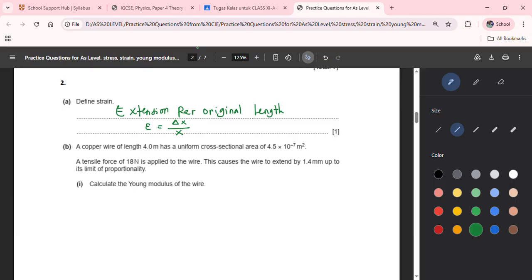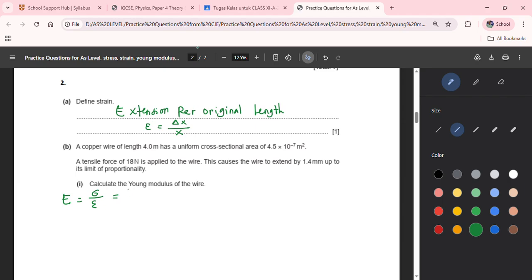A copper wire of length 4 meter has uniform cross-sectional area of 4.5 times 10 to the power of minus 7. Calculate the Young modulus. Young modulus is stress divided by the strain.